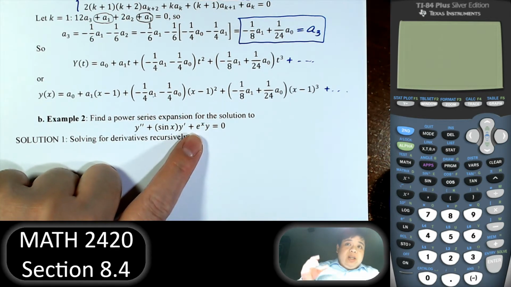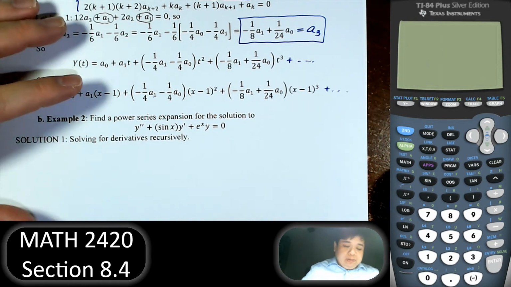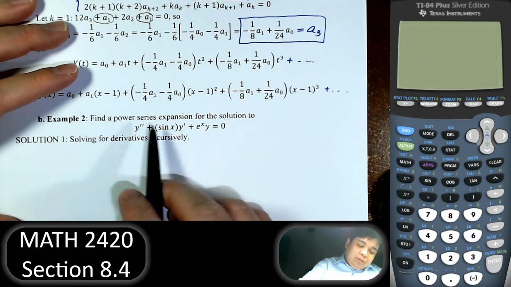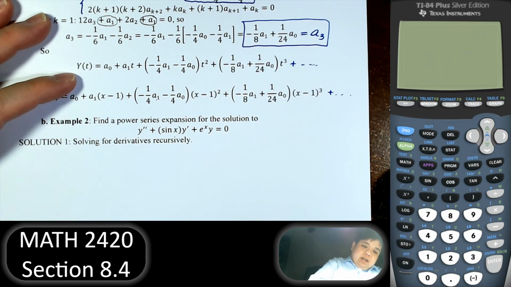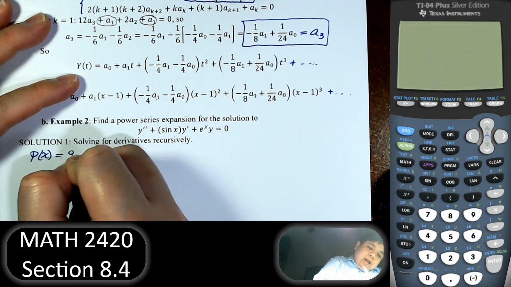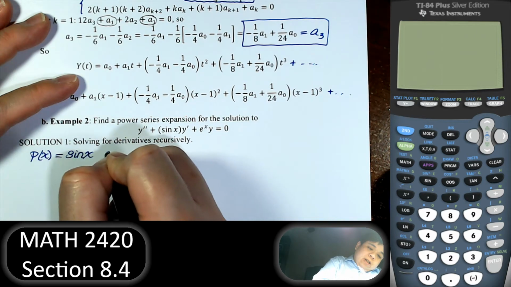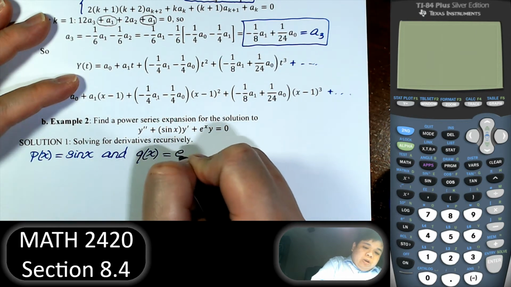I mean the power series is defined everywhere. Once again, let's just say the center is 0. So we'll write p of x equal to sine x, and q of x equal to e to the x.